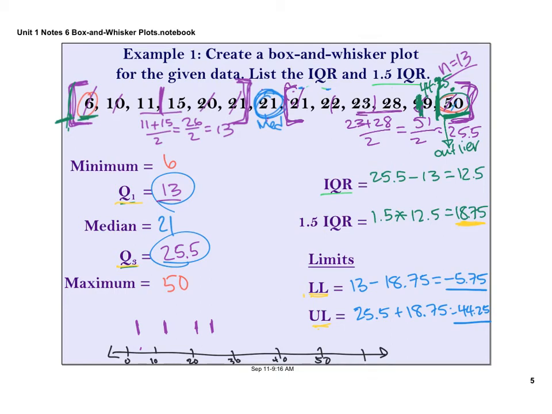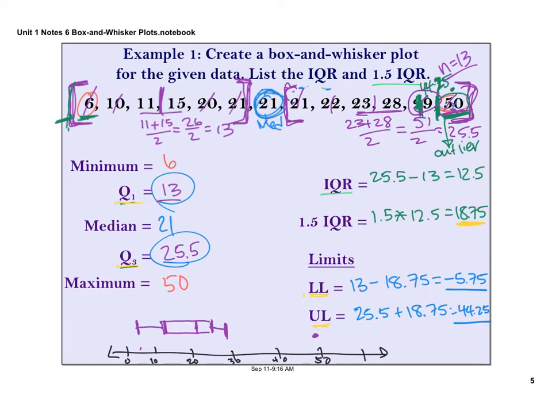And now that last whisker is going to be 29. And then up here at 50, you've got an outlier. Okay, so there's my five number summary. There's my outlier. These middle three lines are your box, and then the outer two lines are your whiskers. And there you have it. There's your box and whisker.